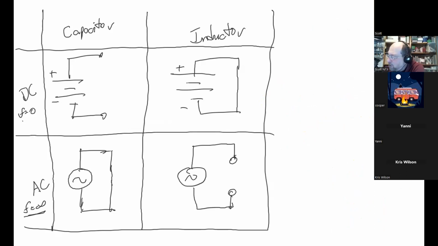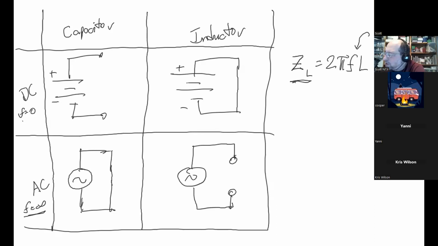So as it turns out, the impedance of an inductor is 2 pi FL, where F is the frequency and L is the inductance. So what do you notice about that F? What is F? Frequency. Yeah. So what that means is that the impedance changes with frequency.